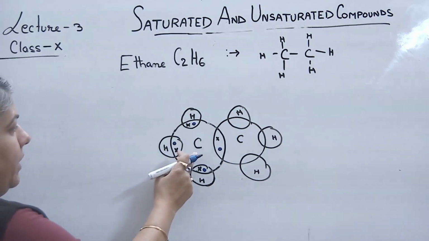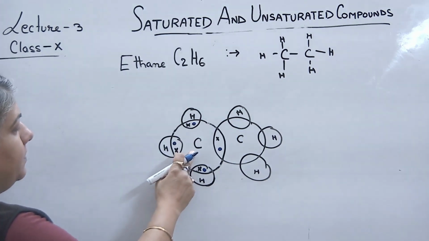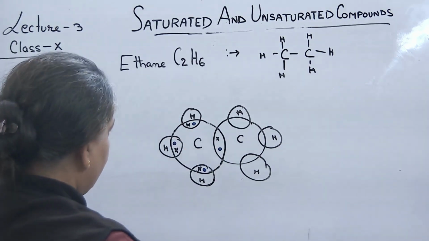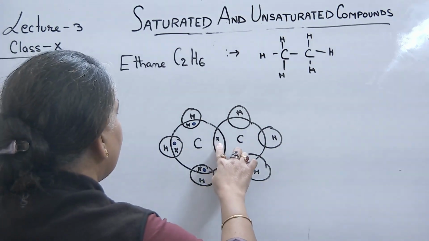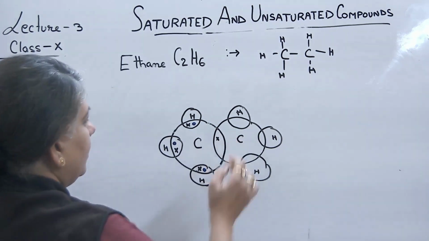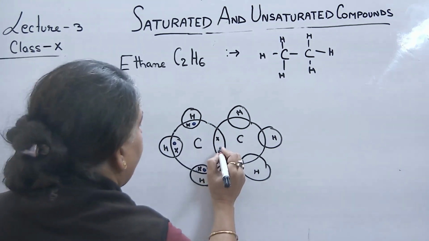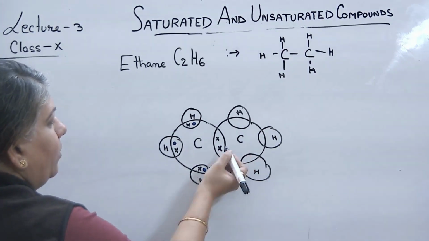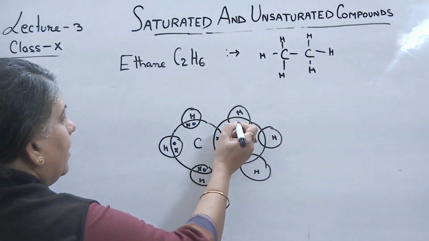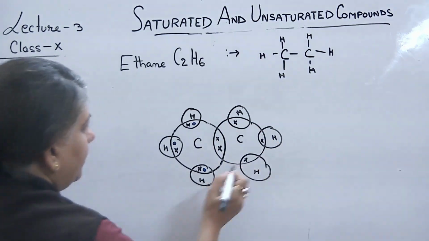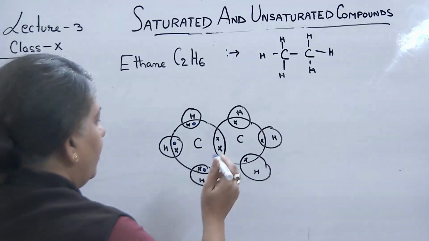So see, tetravalency of this carbon, 2 to 4, sorry, here you'll put a cross here. So now for this carbon, 4 electrons: 1, 2, 3 and 4. And for hydrogen, put dots.